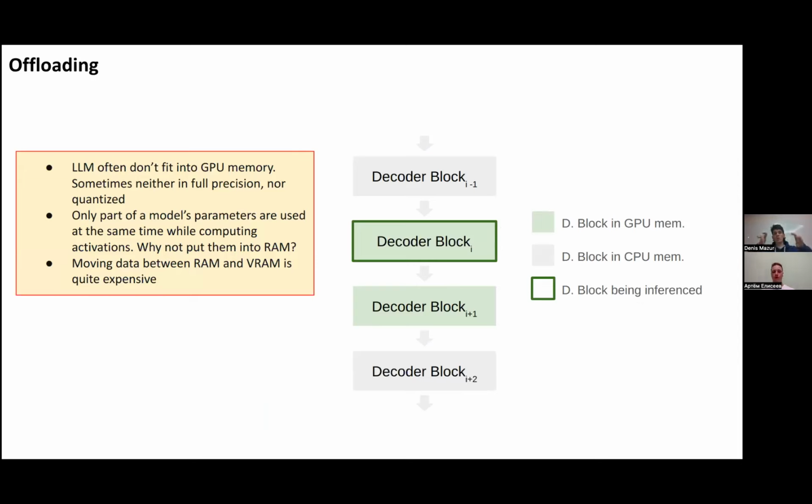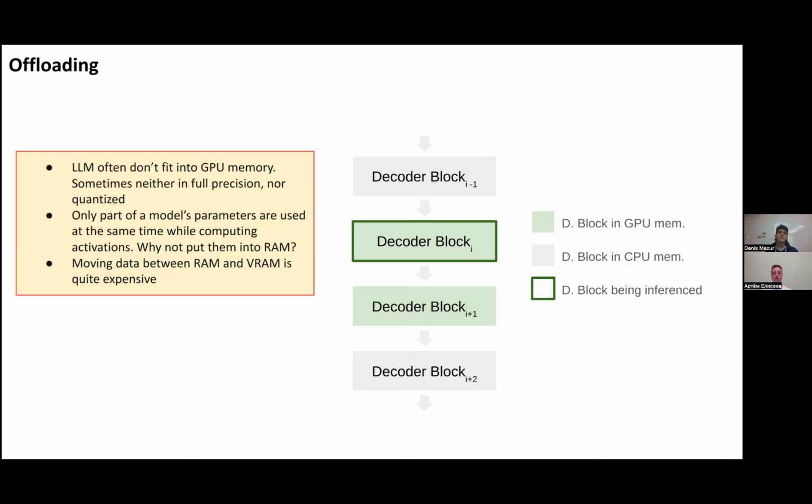You're usually doing it layer by layer, decoder block by decoder block, and you only need one of those. So what you can do is take the decoder blocks you're not using and put their parameters on CPU memory. And usually you have more CPU memory than GPU memory. And that way you can fit the whole model into VRAM plus RAM and run it that way.